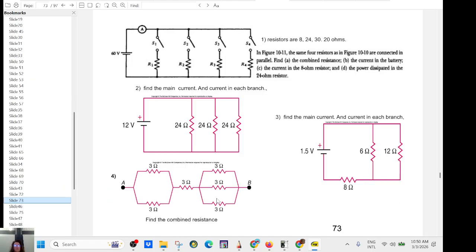Okay, I want to stop soon because I want to help you with a question for the pop quiz. But in your head, 12 volts, 24, 24, 24, they are in series. Oh, sorry, they are in parallel, right? Because it's a highway with 3 lanes. So what will be the equivalent resistance?